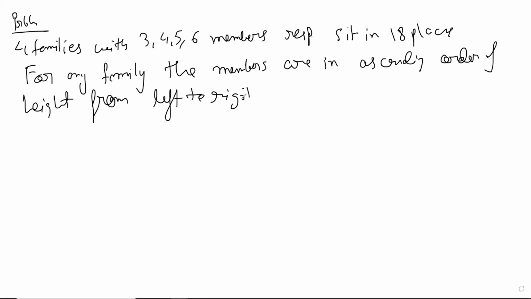Just to give an example, suppose there is family 1. I will not write everything, but this may still be helpful. There is family 2, I'm calling it B, and let's say that the heights are like this.